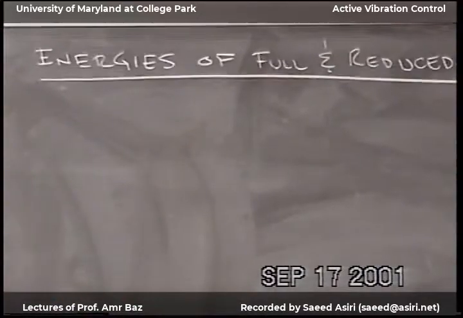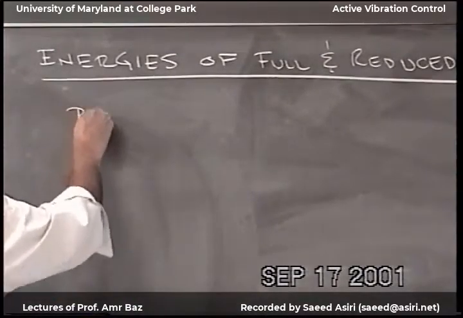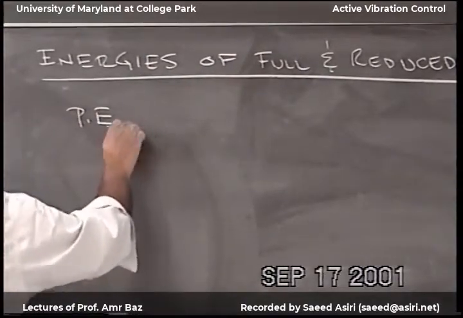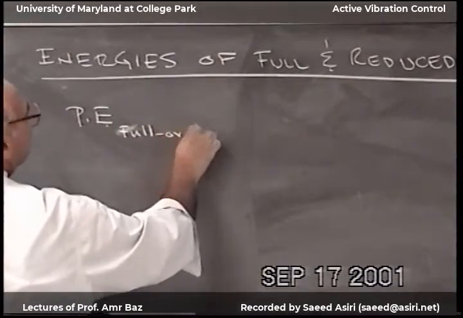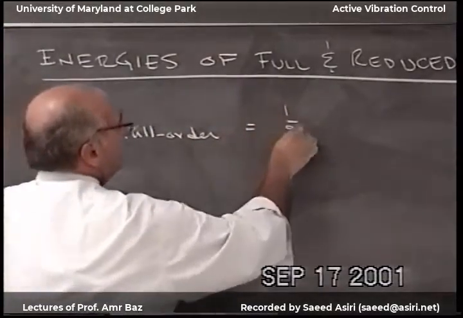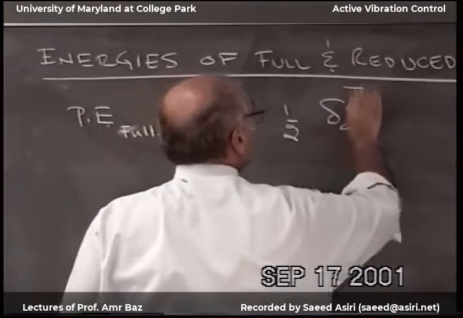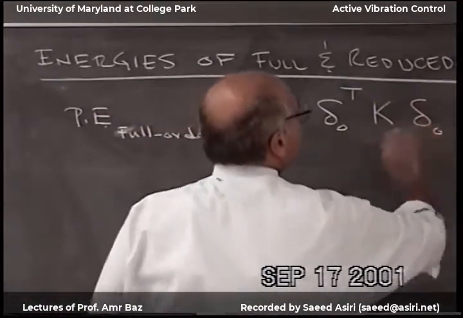We said the potential energy of the full order is equal to 1/2 delta overall of the system transpose, K of the entire system, delta 0.